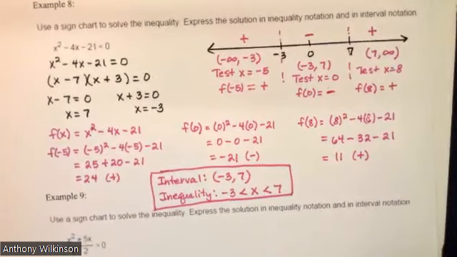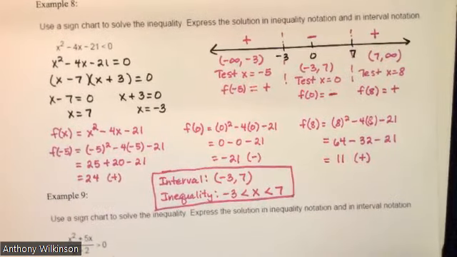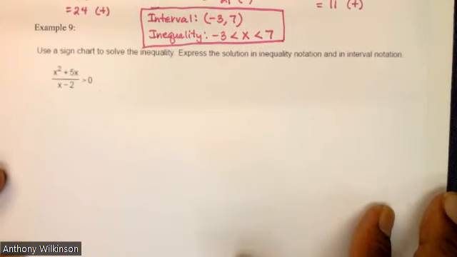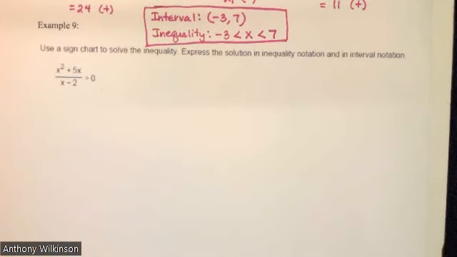All right, let's look at this example here. Say we got x squared plus 5x divided by x minus 2 is greater than 0, and we want to use the sign chart to solve this inequality and write the solution in inequality notation and in interval notation.